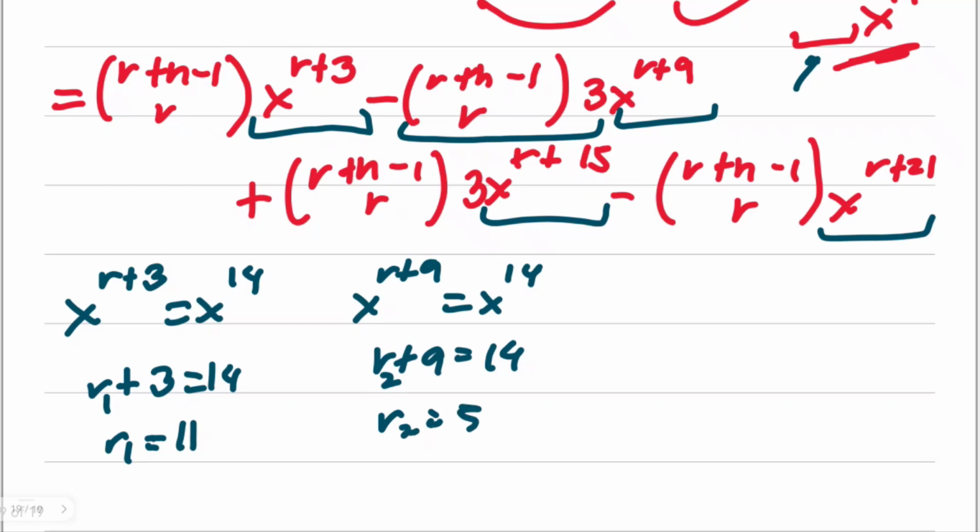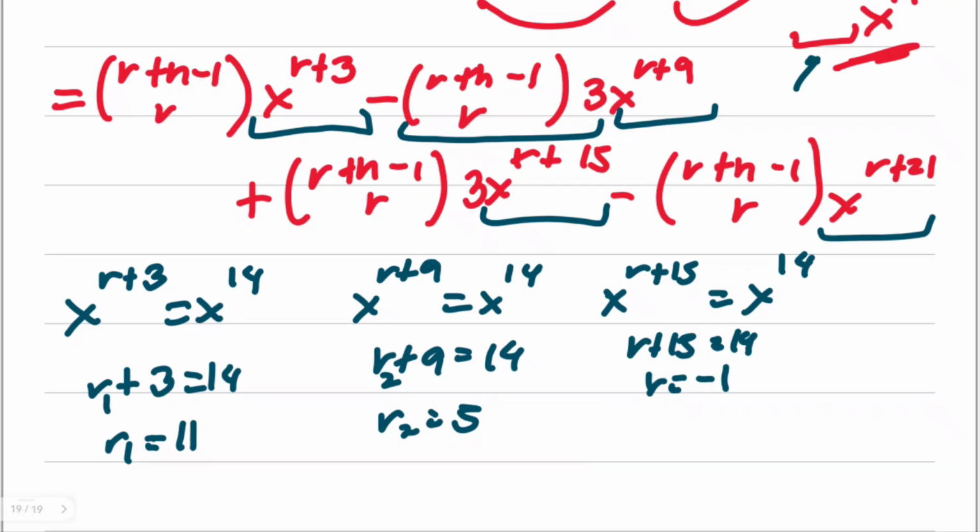Then for the next, you have X to the power of R plus 15 must be equal to X to the power of 14. In this case, you will have R plus 15 is equal to 14, R is equal to negative 1, and this time this is not possible because our R here cannot be negative, so this is not applicable here.